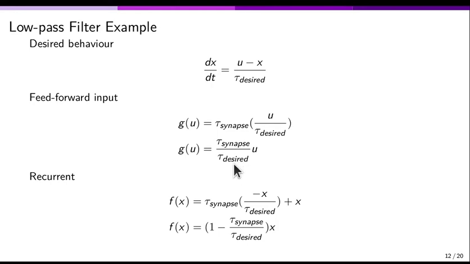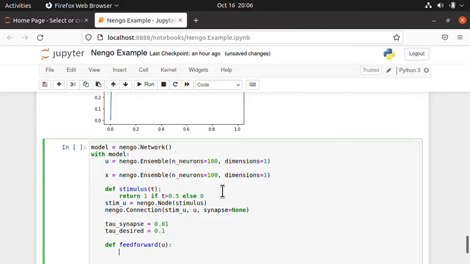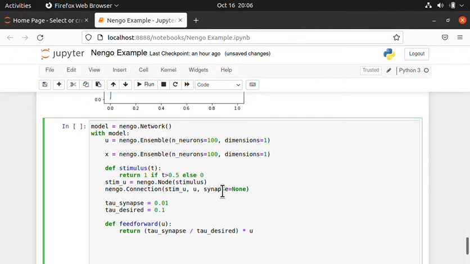Tau synapse divided by tau desired times U. Alright, that's a function. I'm going to make a connection from U to X where the synapse is the tau of the synapse. Make sense? That's all using the things that we've seen so far today.